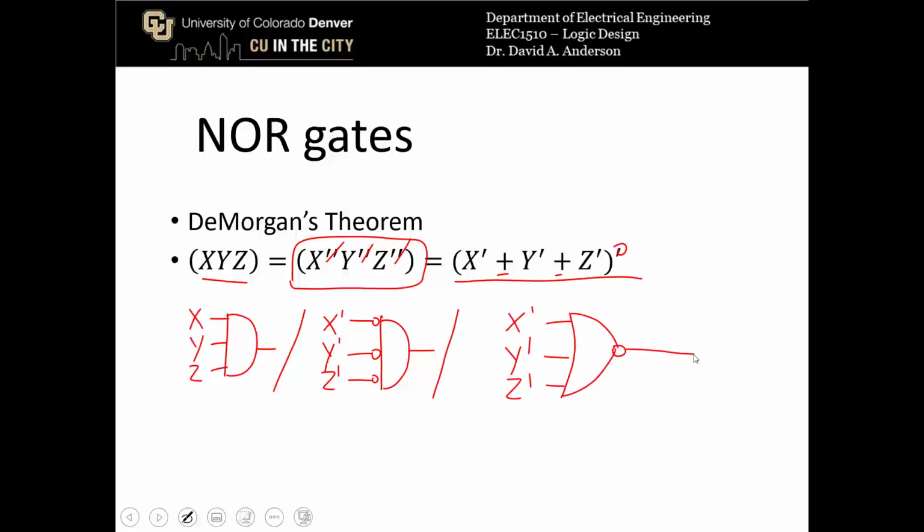So what that means is that an AND gate with complemented inputs is the same thing as a NOR gate, just like an OR gate with complemented inputs was the same thing as a NAND gate. So it's just the dual of the same thing that we did with NAND gates.